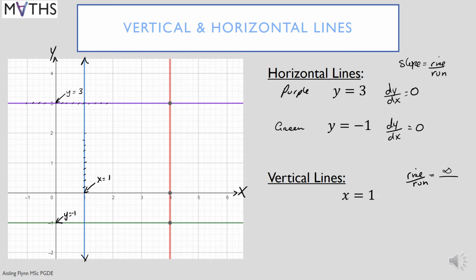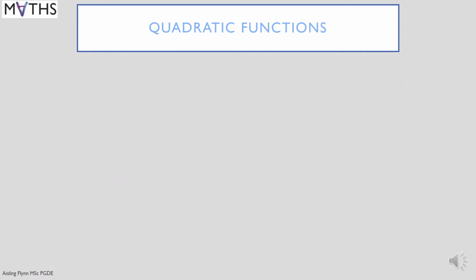It doesn't go left and right, so the run is 0. And in maths, that is a big no-no. You cannot divide by 0. It is undefined. So we say slope is undefined. We can't say what it is. The next vertical line is described as x equals minus 4. That describes the red line. So what do we take from that? That horizontal lines have slope 0 and vertical lines we cannot define.